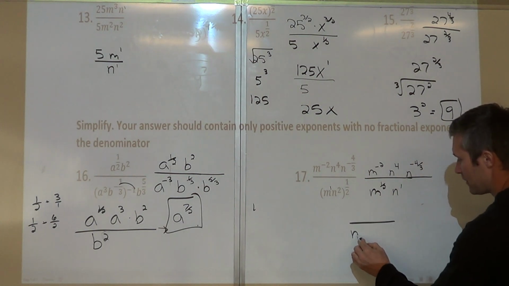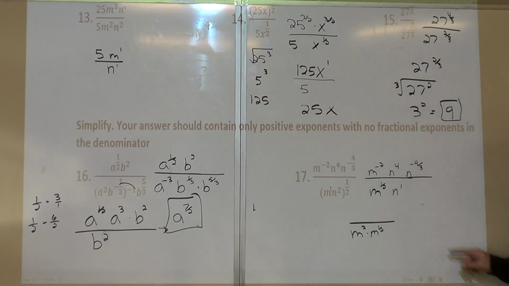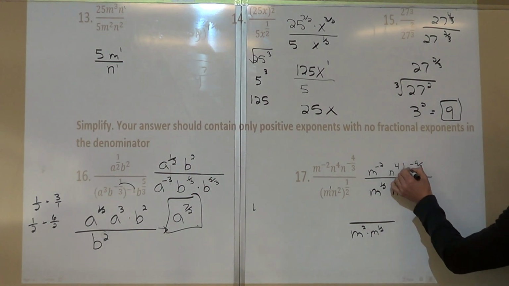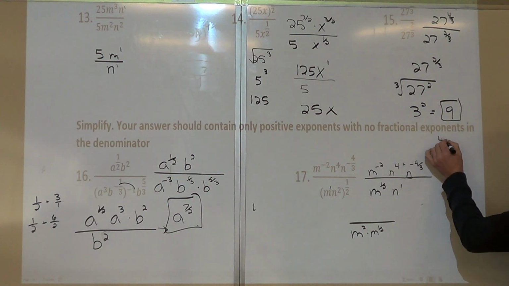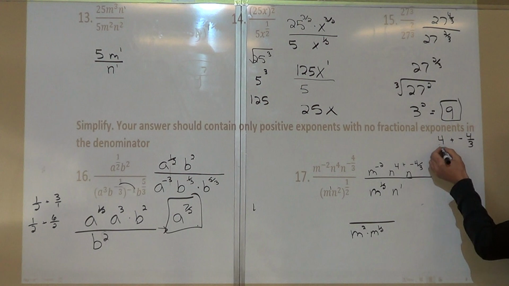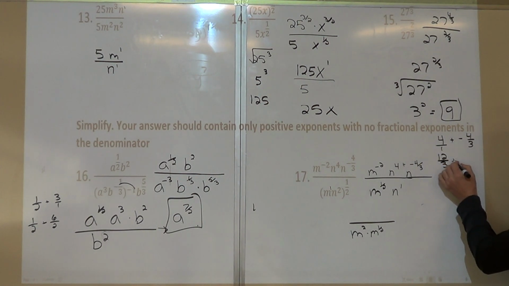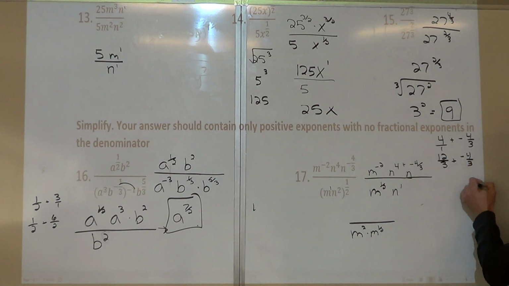So that's m to the 2nd times m to the 1/2. Now I have these two. These I can just add together. So 4 plus negative 4/3. So I have to multiply this by 3, so that would be 12/3 plus negative 4/3. So 12 plus negative 4 would be 8.